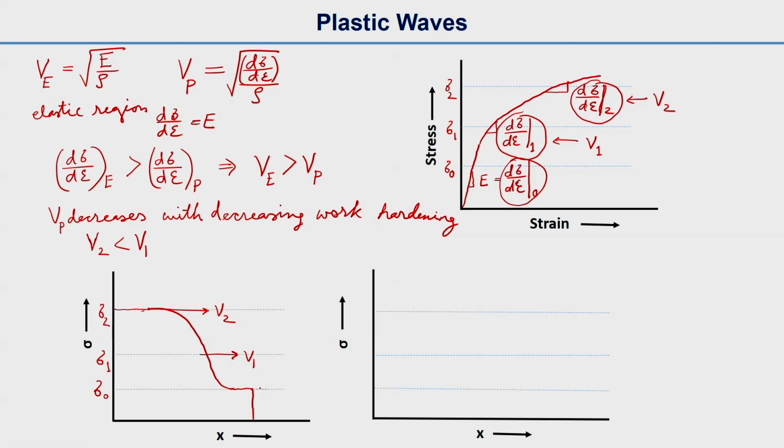So this is V1, and this is constant, this is V naught in the elastic region, let us say at time equal to t1, and at a later time, if we take this with higher strain.